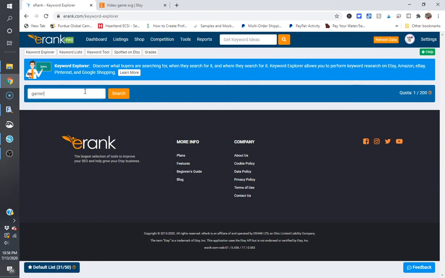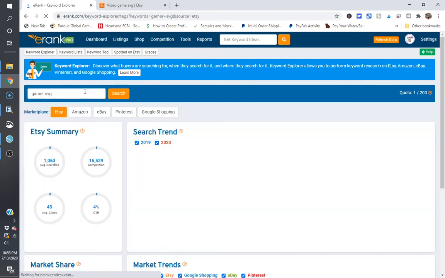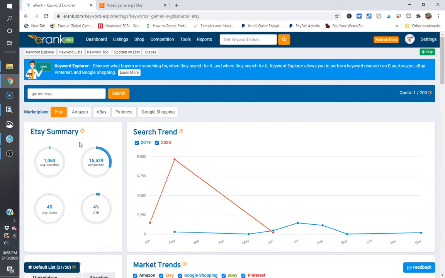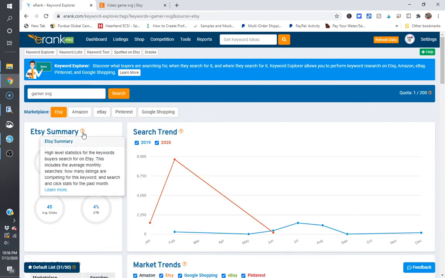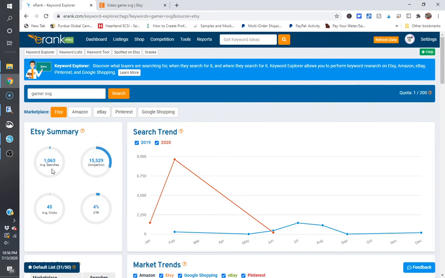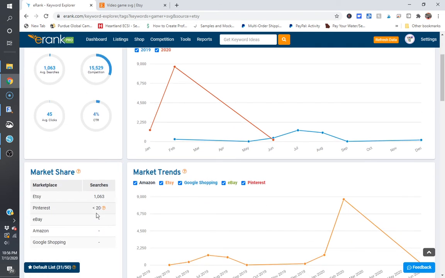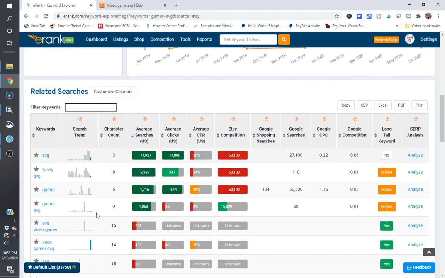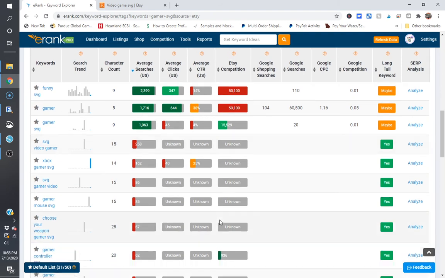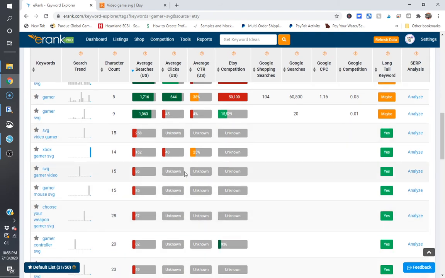So again, you can just type in gamer SVG, and you can see data for the past month. This is the average searches, what the competition is, which we saw previously, what the clicks are, and what the click-through rate is. And when you scroll down, it will give you some related searches as well that people have entered in.